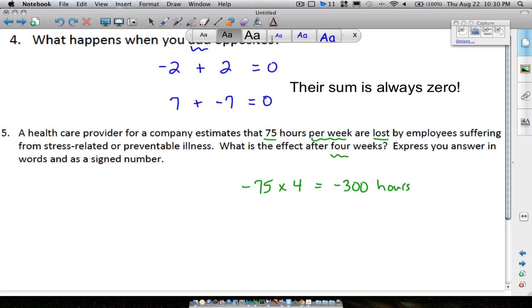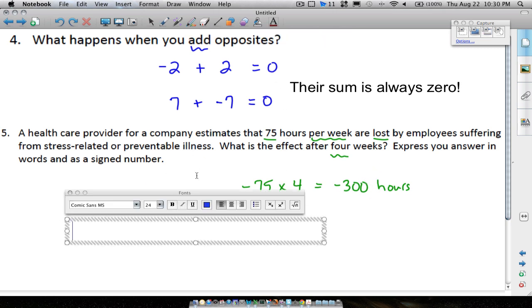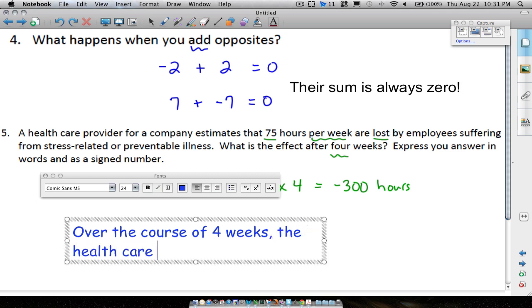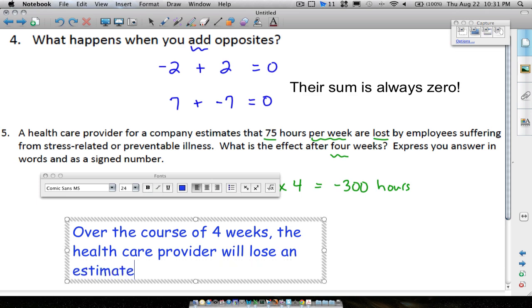However, for an explanation, let's give a quick explanation here. We can say over the course of 4 weeks, the healthcare provider will lose an estimated 300 hours by employees.